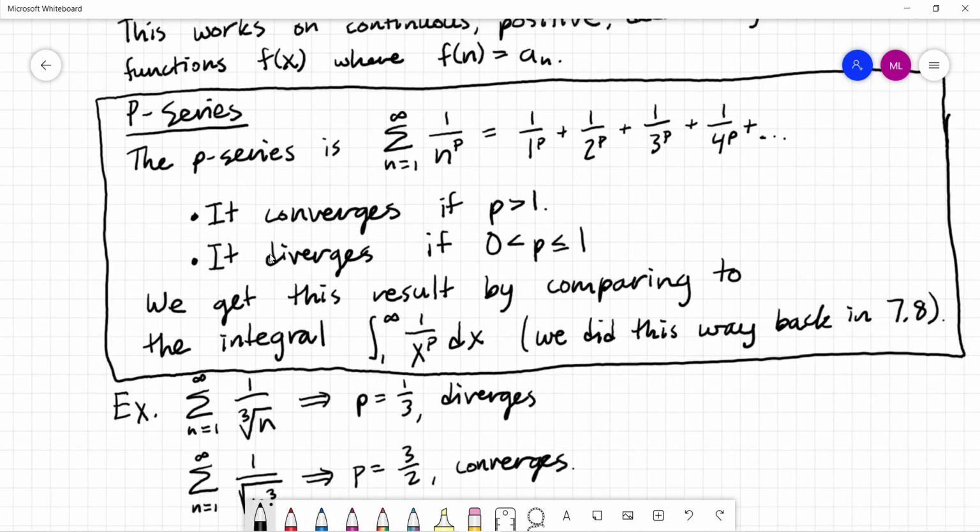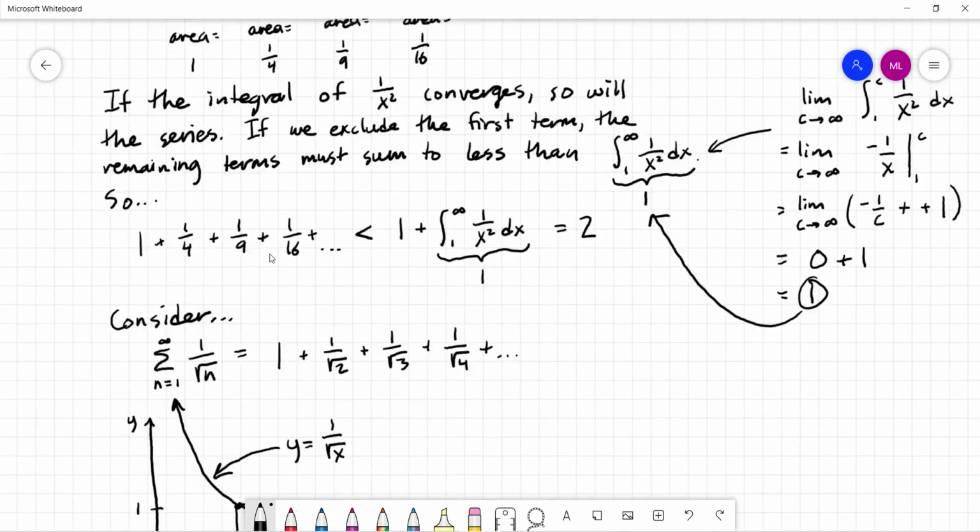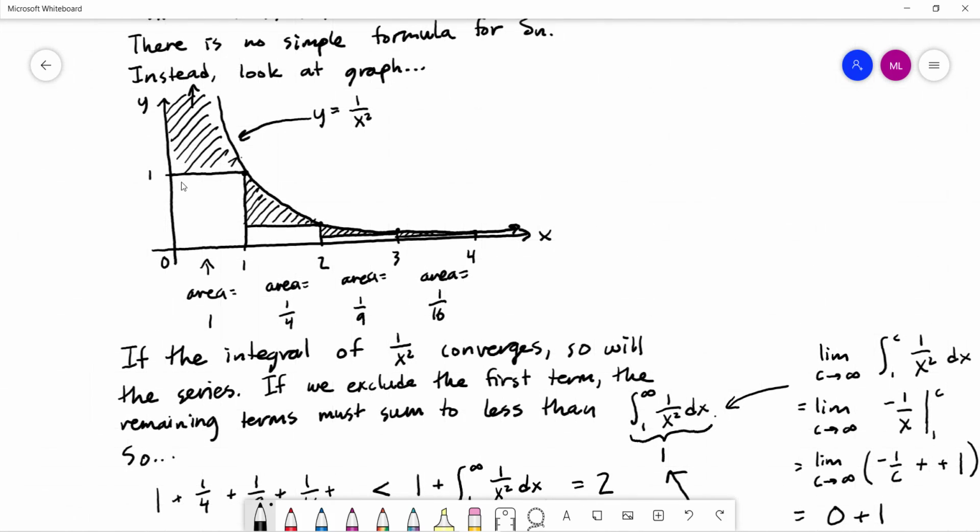So basically, if we look at the areas of this, if we come back up to our first picture, just to remind you what we were doing. This was the first term. It was associated with the value n equals 1. So basically the area that we were interested in was the area to the left of the value of n that we were interested in. So over here, this was our first area, our second area, our third area, our fourth area, and so on.